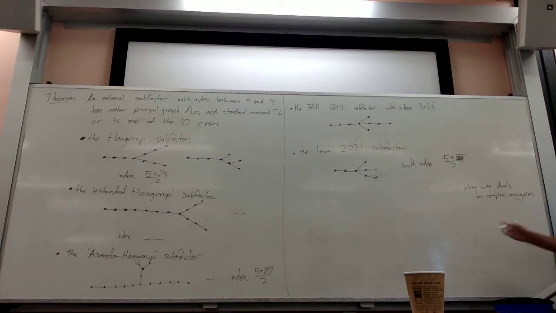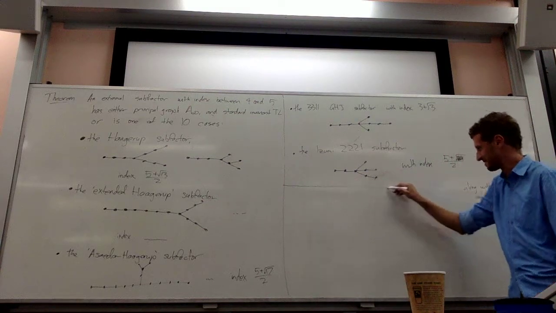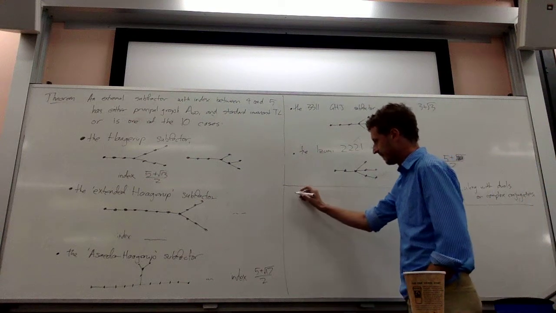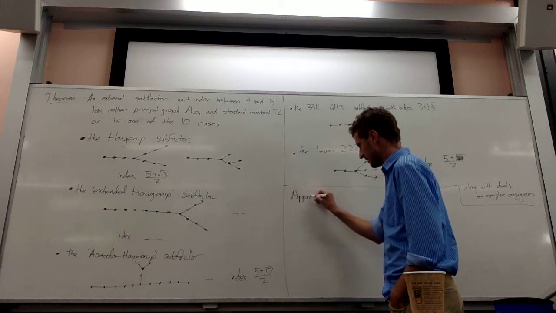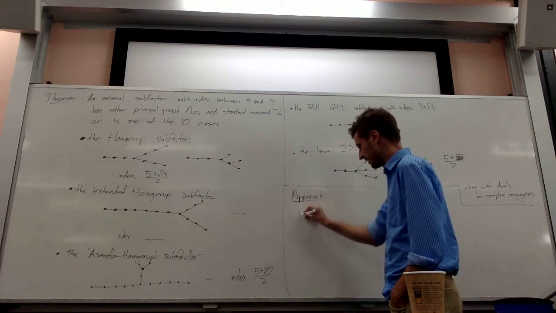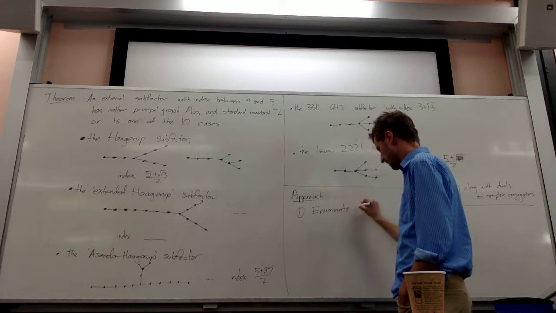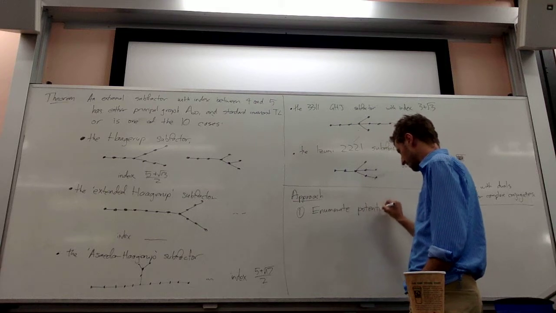I'm in the latter category, but you're free to feel that this is also just a pile of random junk that comes out. So what are we going to do to prove a theorem like this? Here's the outline. It is to do some combinatorial work to enumerate potential principal graphs.